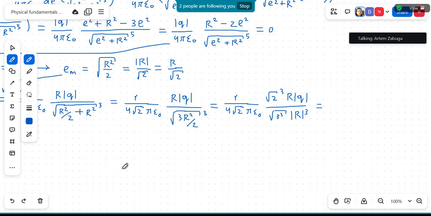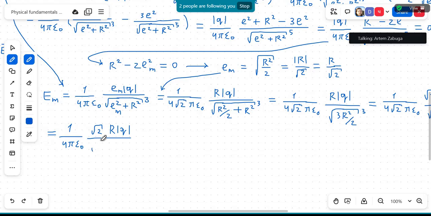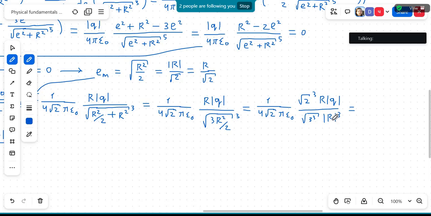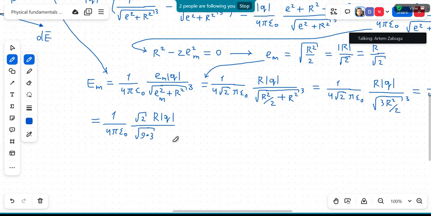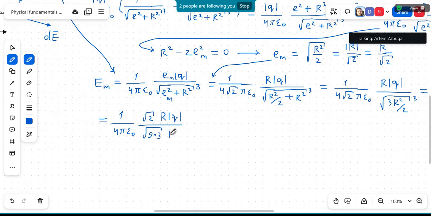And 27 is equal to 9 multiplied by 3. So we have square root of 9 multiplied by 3. And the absolute value of r is equal to r, because r is always positive.